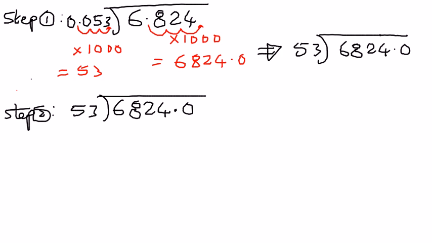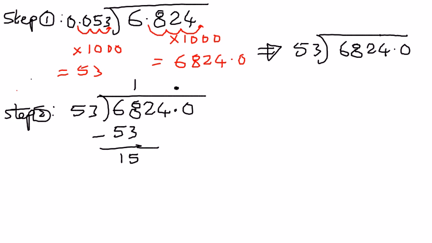We will recall the 53 times table, and then we will be able to do the long division as we do for whole numbers. We'll place the decimal point right above this. 53 times what number is equal to or less than 68? 53 times 1 is 53, so we write that. So 68 minus 53 is equal to 15.